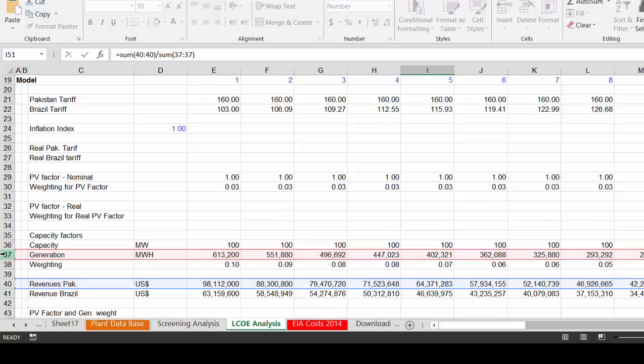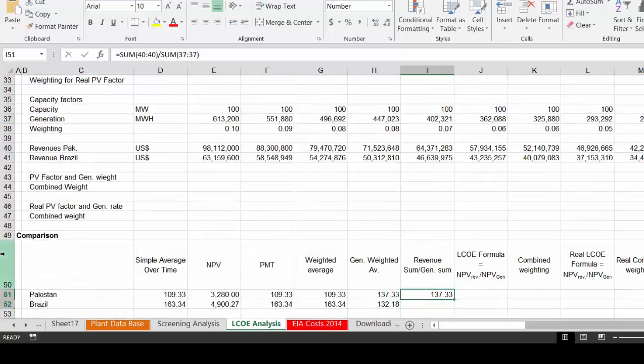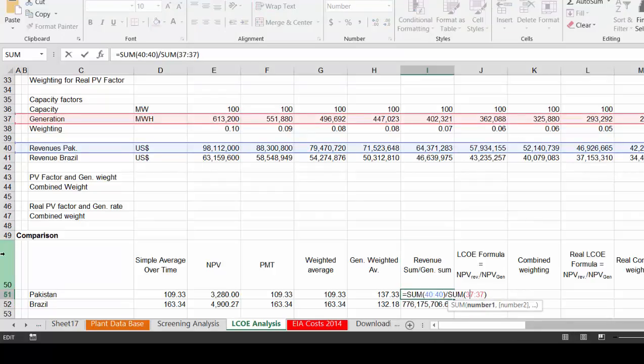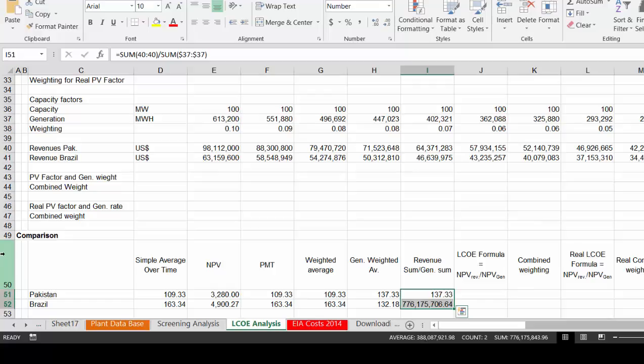Now when we do that, we get exactly the same as the... oops, not if I do it like that. So if you press the F4, I think you can put it like this, and it does it. So we have a lower amount. It's exactly the same as the weighted average if we simply sum that.